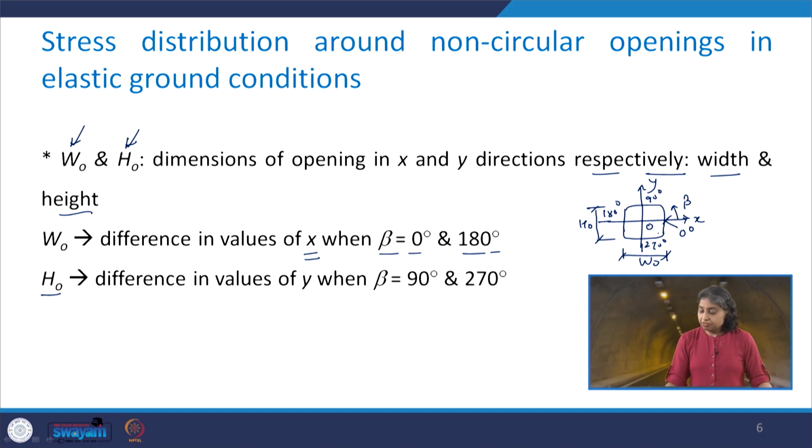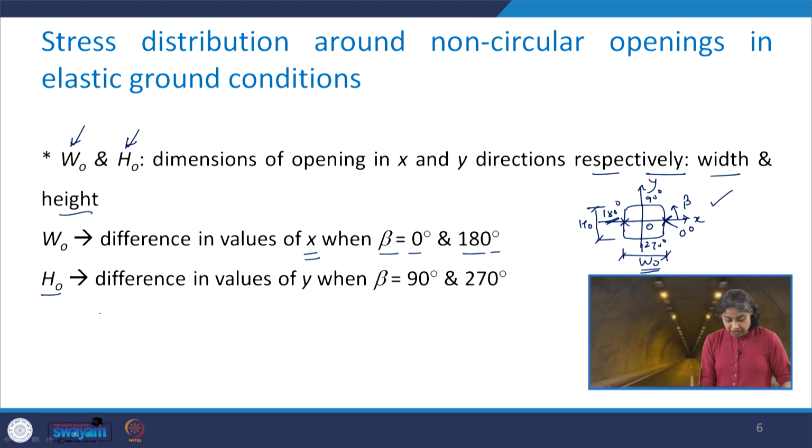So, you see that if you just take the difference of the value here at beta equal to 0 and the value here at beta equal to 180 degree, then you will get this W naught. Geometrically also you can see that from this figure.